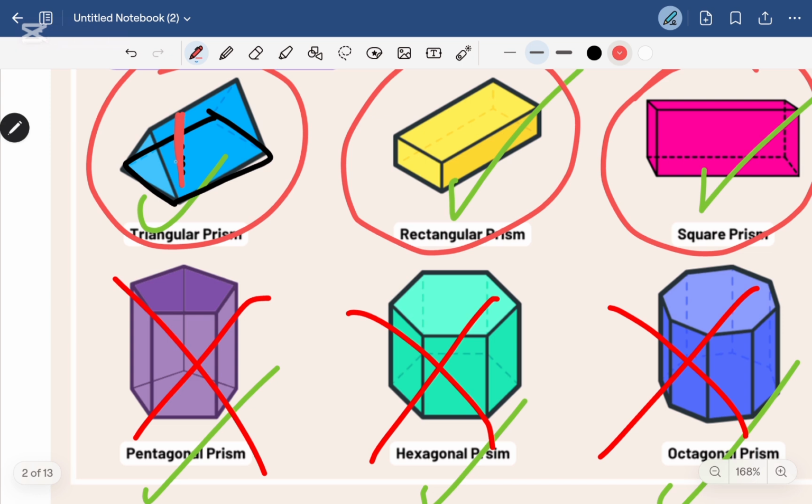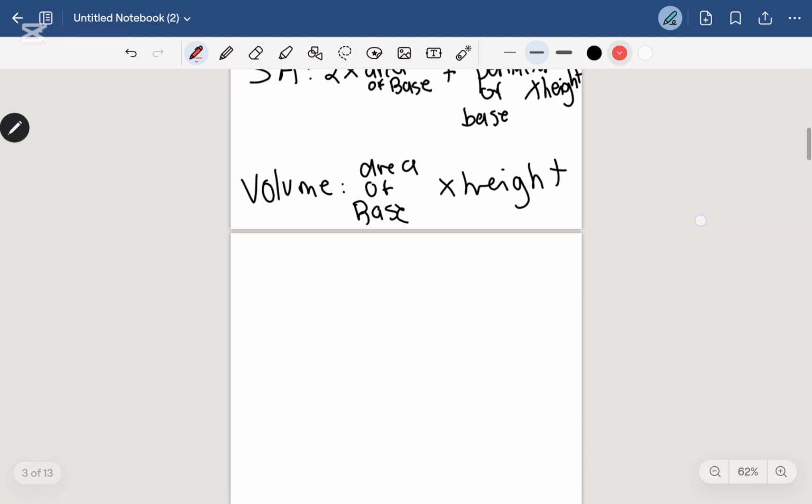And the height is always the perpendicular, which is usually over here. If you were to do it for a rectangular prism, it would be the area of the rectangle at the bottom times the height, which is this over here. For a square prism, it would be the area of the square at the bottom times the height. It is just like this for all the prisms.